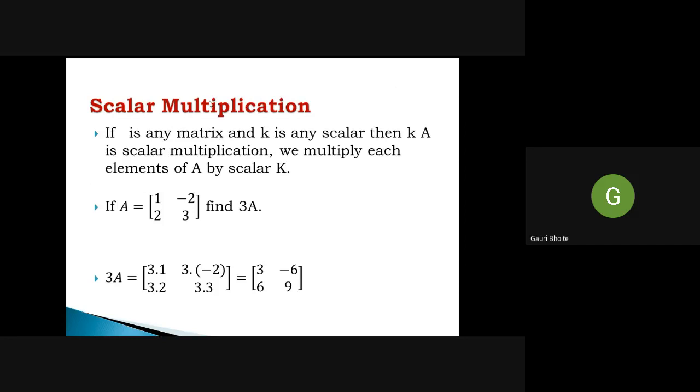When we multiply any matrix by a single constant scalar k, we multiply each element of that matrix by k, not only a single row or one element, and then we get a new matrix. For 3A, where A is 1, minus 2, 2, 3, I multiply each element by scalar 3: 3, minus 6, 6 and 9.